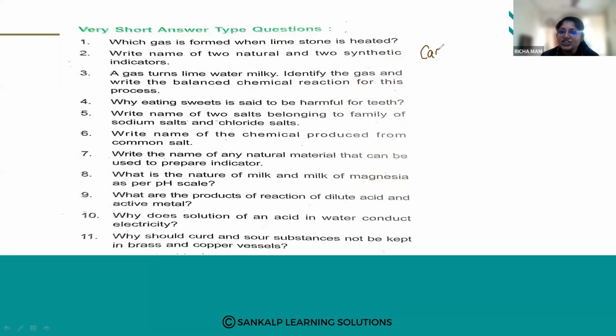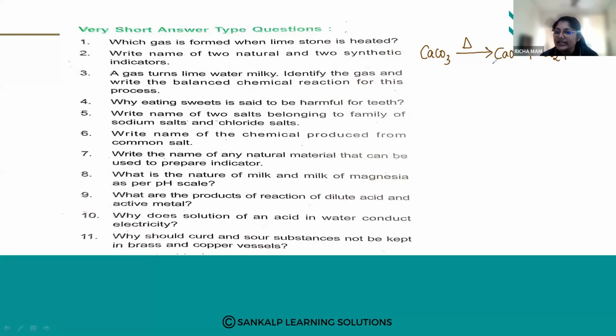Limestone is your calcium carbonate, this is the formula for your limestone. So when your calcium carbonate is heated, what do you get? You are going to get calcium oxide, and carbon dioxide gas is released.